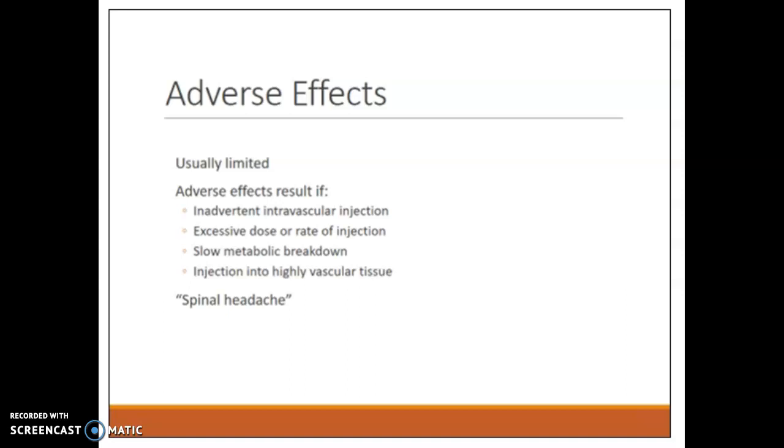If those do not work, however, there is a procedure called a blood patch that will be done. This is a surgical procedure where the anesthesiologist will take autologous blood and close the hole in the dura mater.